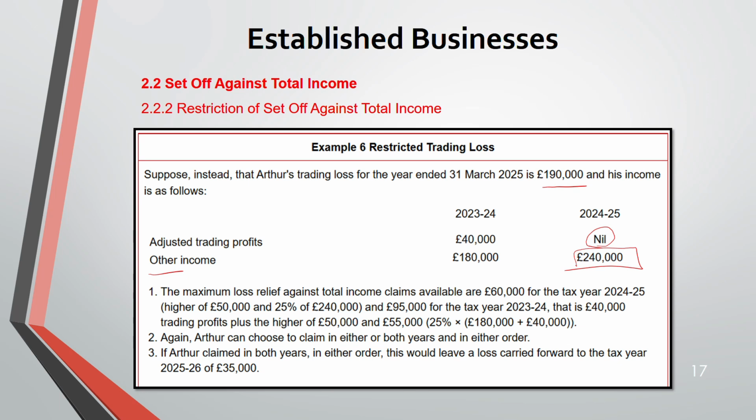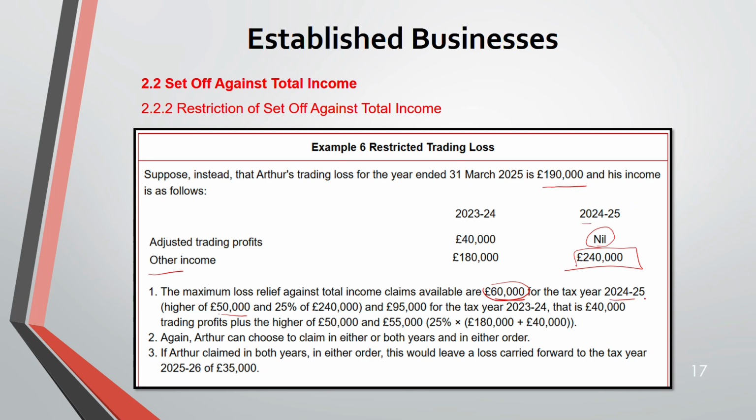It is 60,000, right? 60,000, and the higher of 50 and 60. So 60,000 is higher. So the maximum loss relief against total income is 60,000 in this tax year 24-25.